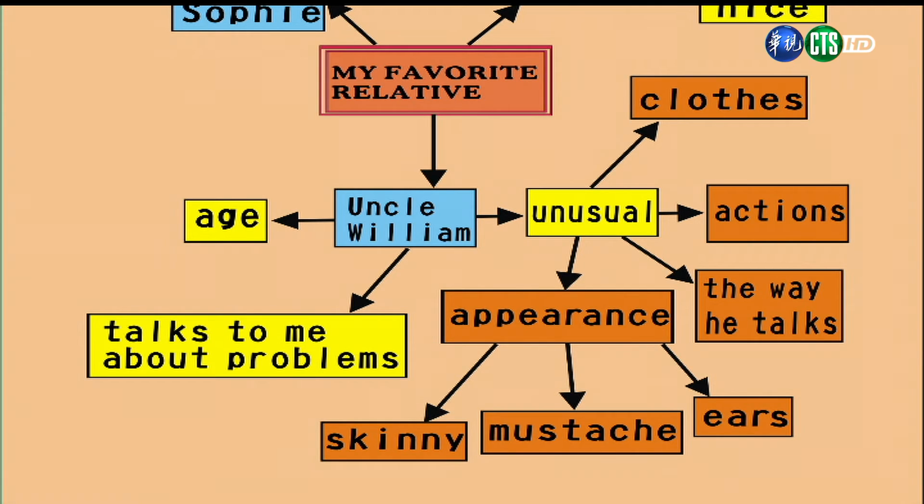to our Uncle William. And also, when we looked at the word web, we saw that a lot of the links were associated with the word unusual.